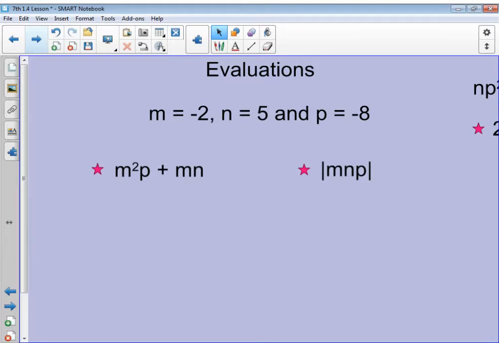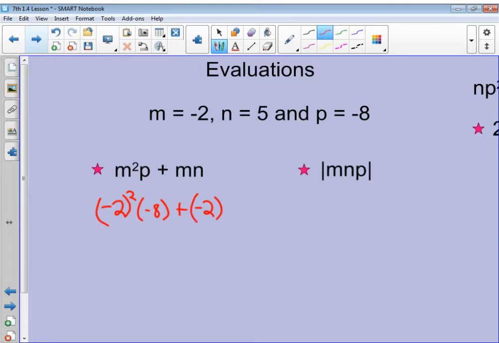Okay, so here's the work. So -2 squared times p was -8 plus m was -2 times n is 5.